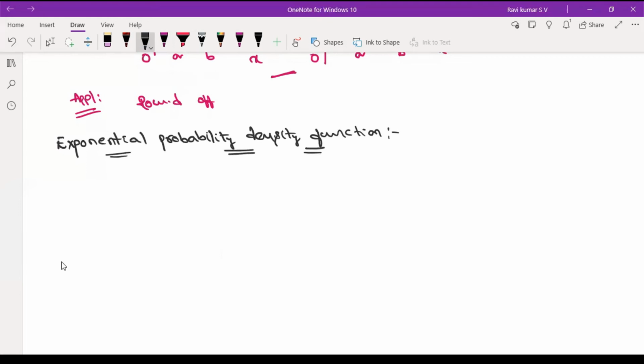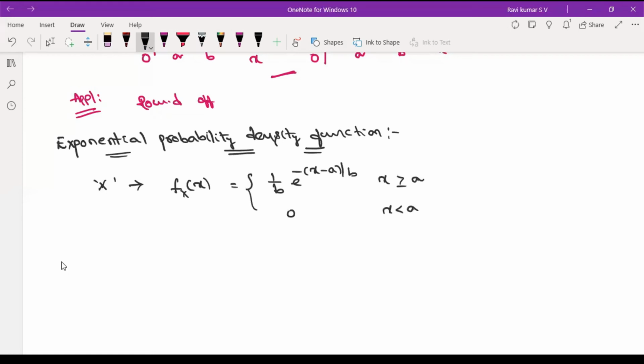So now I am taking a random variable x, and the corresponding exponential probability density function fX of x is given by 1 by b e power minus x minus a divided by b for x greater than or equal to a, and 0 for x less than a. So this is the density function.